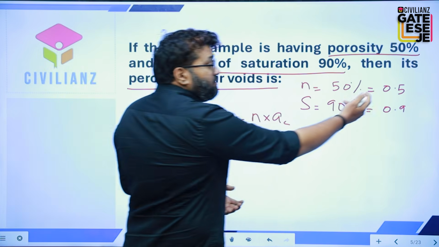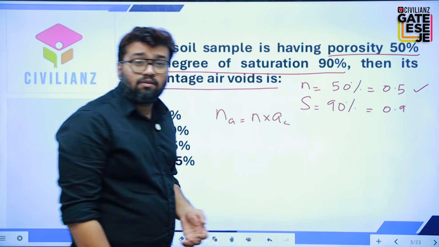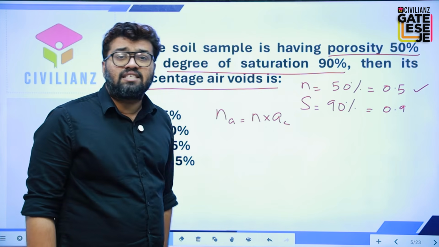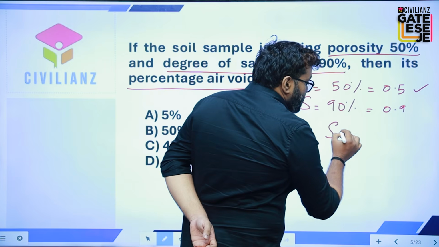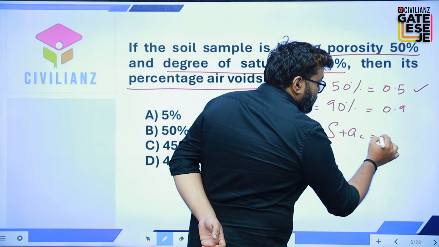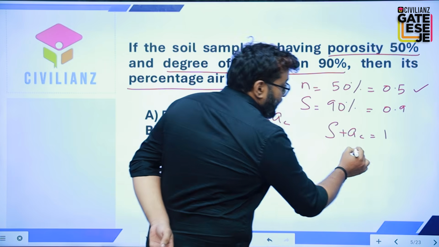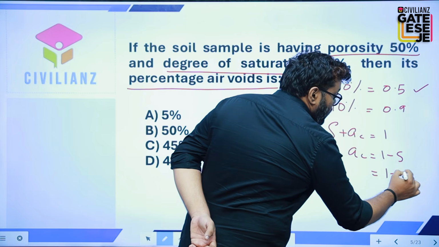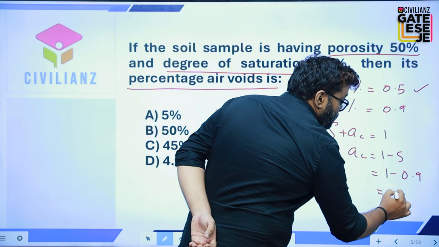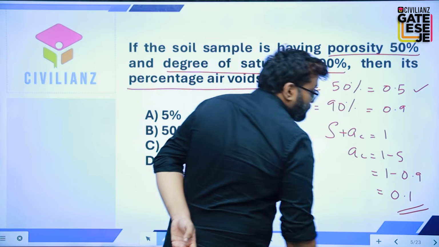So here n value is given as 0.5 and S is given as 0.9. We all know that S plus ac is equal to 1 and ac is equal to 1 minus S, which is 1 minus 0.9, equal to 0.1.